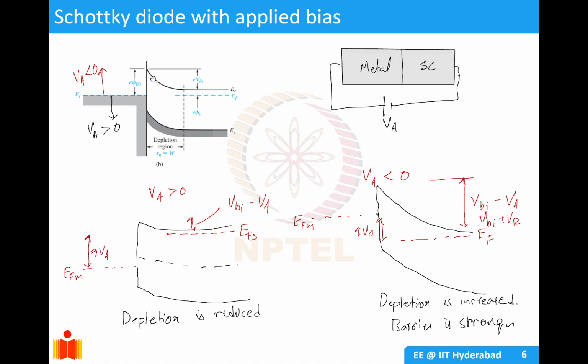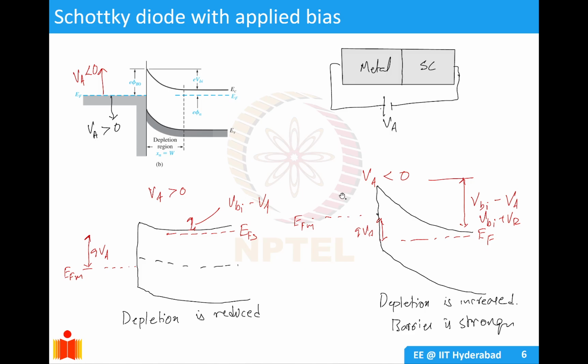When you shift it down, it also shifts your band bending down, which results in your Vbi reducing. So the new built-in potential becomes Vbi minus Va. So it reduces the depletion, and since your built-in potential decreases, the current movement becomes easier. Hence you have a huge current when you apply positive bias on the metal.